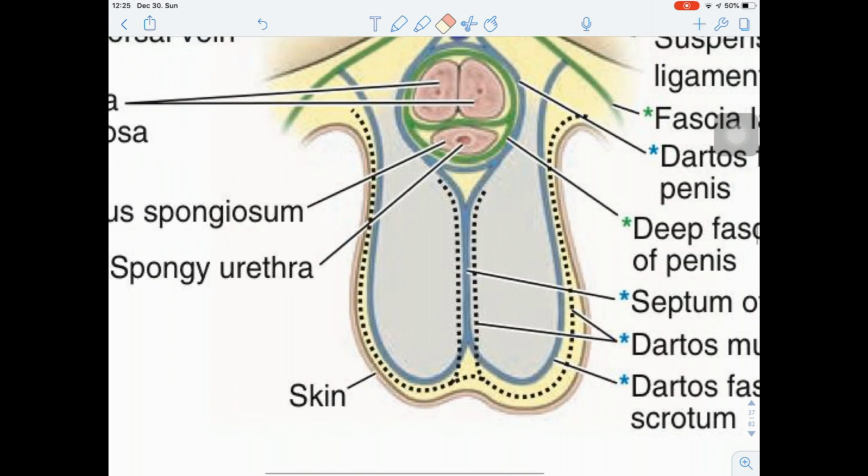If we go to the jacuzzi, if there is warm water, what happens with the scrotum? It relaxes. Why do we need that? The dartos muscle relaxes, so it makes the testes farther from the body because you're already in the hot water, so you need less warmth from your body.